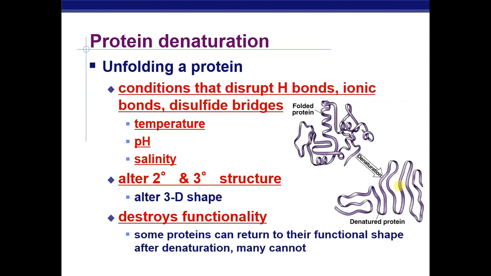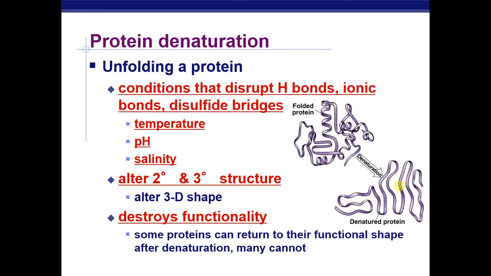Some proteins can return to their functional shape after denaturing, but many can't. You might have heard of a recent experiment scientists did that tried to unfry an egg. That was basically what they were doing, looking for a way to undo the denaturing process.